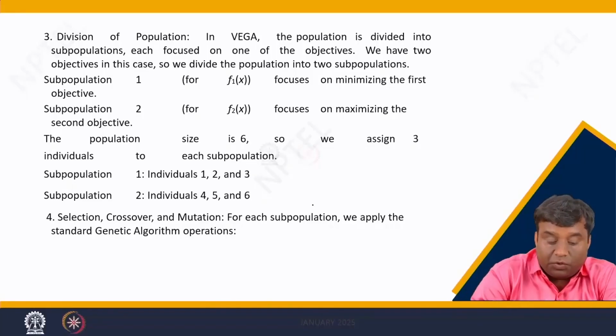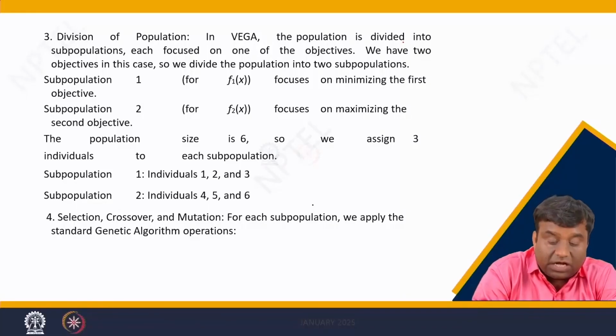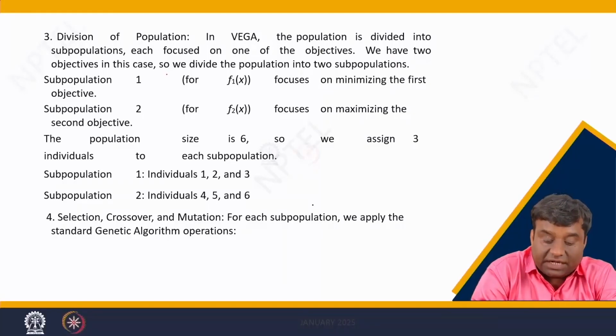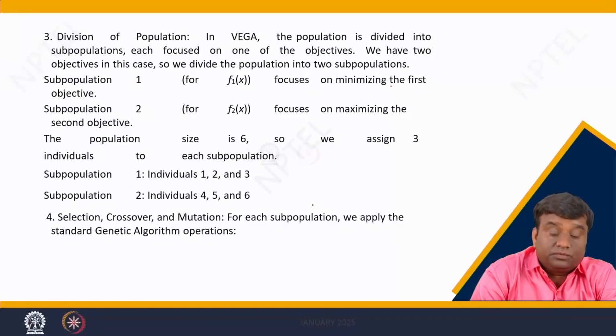So division of populations in VEGA. The population is divided into subpopulations. Each focuses on one of the objectives. We have two objectives in this case, so we divide the population into two subpopulations. Subpopulation 1 for f1x focuses on minimizing the first objective.